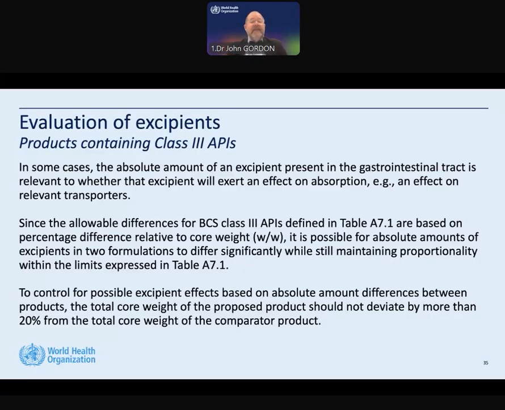So for that reason, the WHO guideline includes a further requirement to control for differences in excipients between proposed product and comparator. And it's based on, to control for possible excipient effects based on absolute amount differences between products, the total core weight of the proposed product should not deviate by more than 20% from the total core weight of the comparator product.